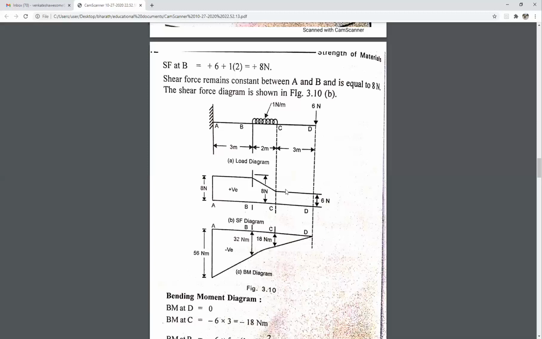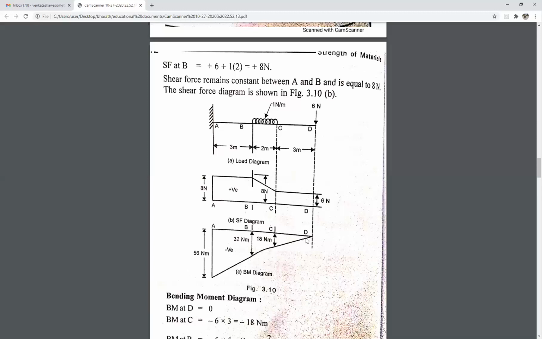From here to here, we don't have any loads, so the load is constant. From here to here, there is another UDL. In the case of the SFD, the UDL is represented by inclined lines. From here to here there is no load, so the load is constant.